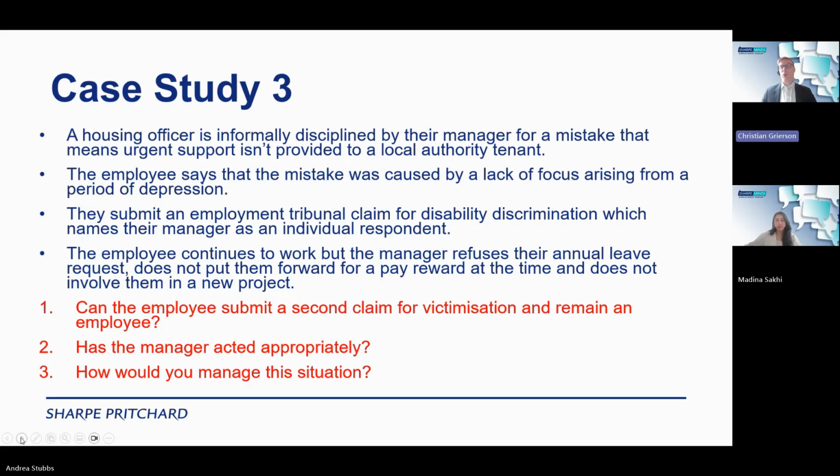This is because I won't just be defending the one primary claim, I'll be defending the risk of secondary claims from future acts happening. So every time the employee is not happy with a decision being made, they'll say that decision wasn't made for an objectively justifiable reason.